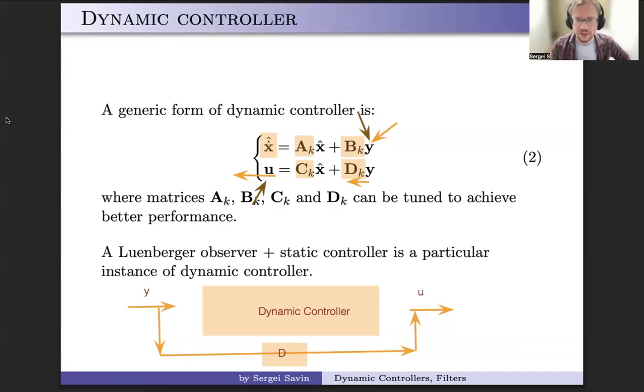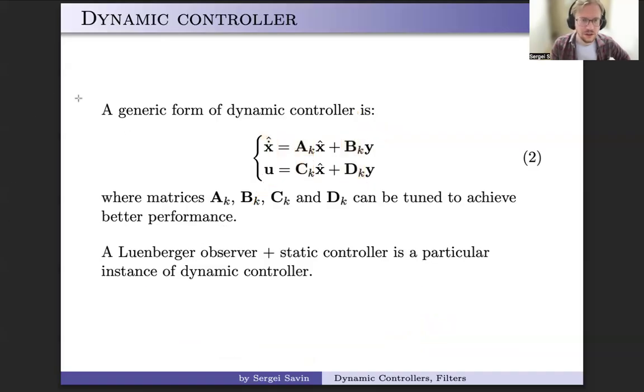So Luenberger is a particular instance of this dynamic controller, right? Luenberger, what it does, it has A, which is the same as for the main plant, except not exactly. Like you would think it is the same, but actually A for the Luenberger is not A of the main plant. So let me put it like this. AK for the Luenberger is A minus BK. That is what A for the Luenberger is actually.